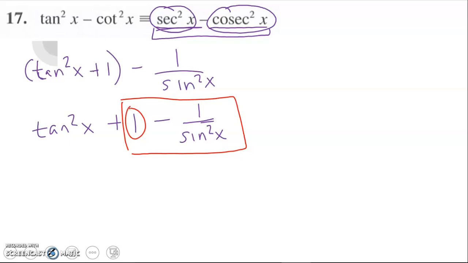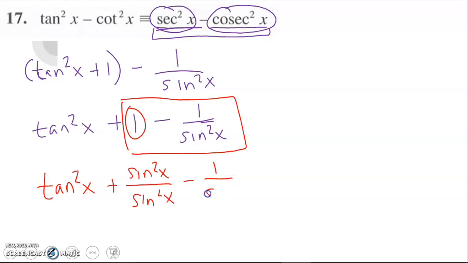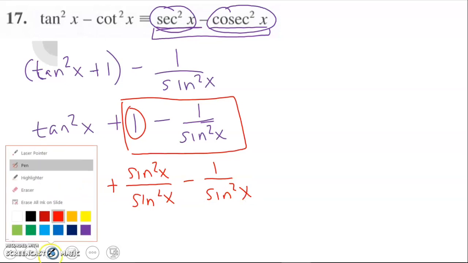Again, I don't like too many terms within this expression. I need to simplify this as much as I can. So I'm not doing anything to tan squared x. I'm simply changing 1 into sine squared x over sine squared x, and then minus 1 over sine squared x. Okay?